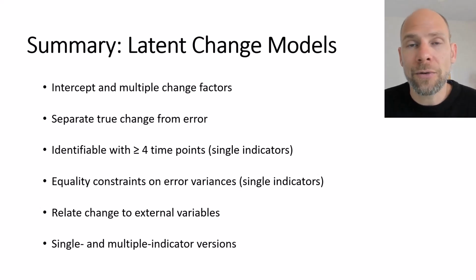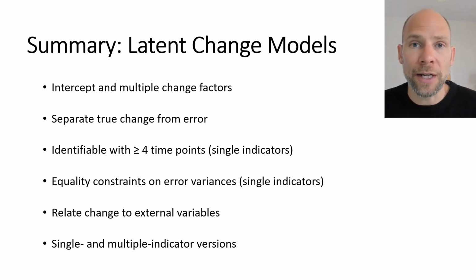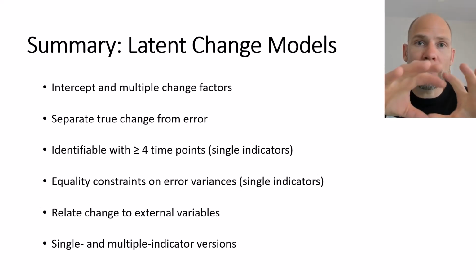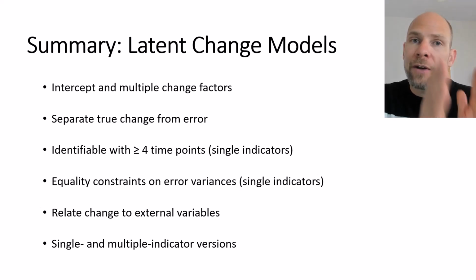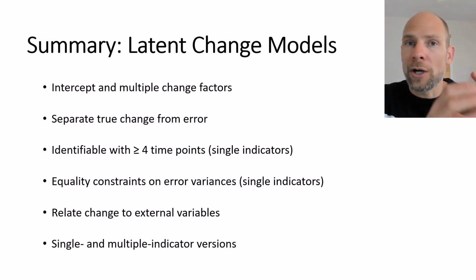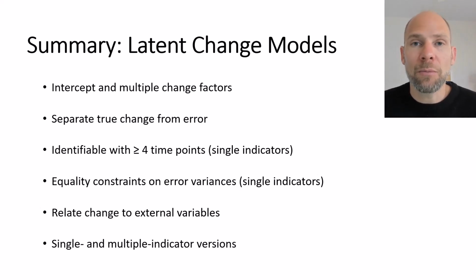Oftentimes, latent growth curve models don't fit so well, and then people end up trying out all kinds of different trajectories or a growth curve model with a free growth trajectory, and that can be a problem to find a fitting model there. Also, in a growth curve model, you have only one slope factor typically, and so that slope factor represents the entire trajectory, whereas in a latent change score model, you have a slope factor or change factor for each pair of time points, and that can make the analysis more flexible.